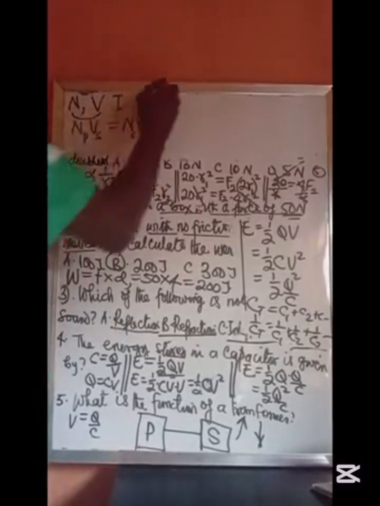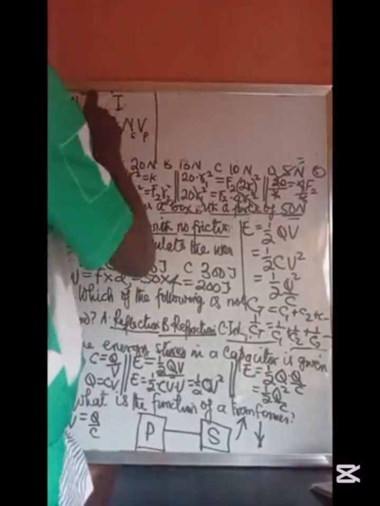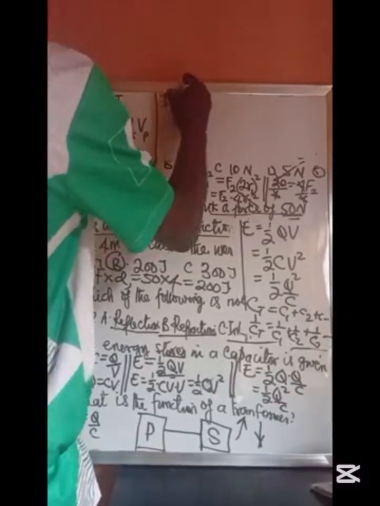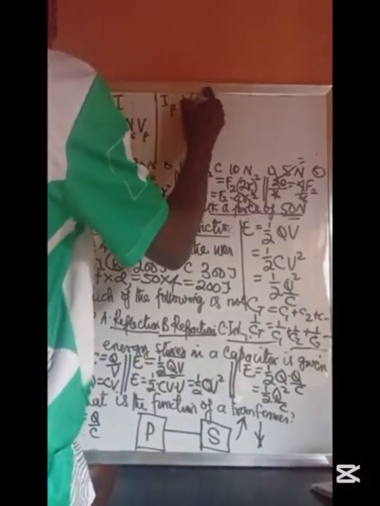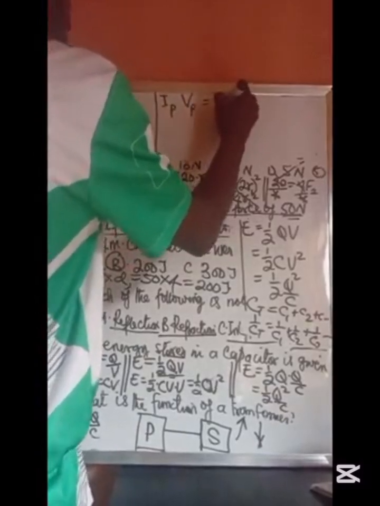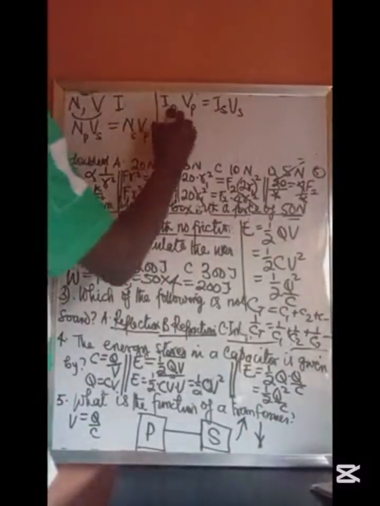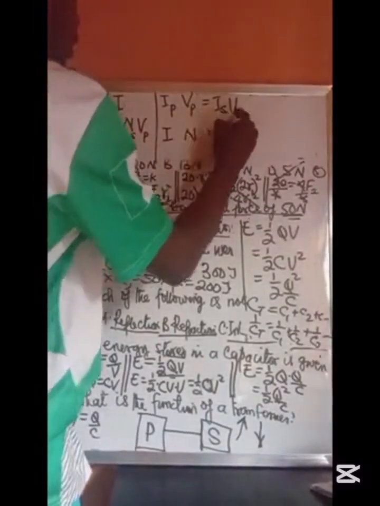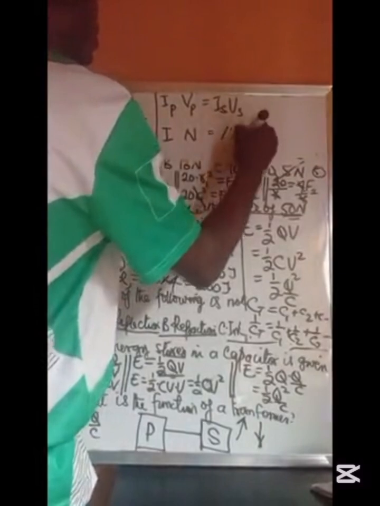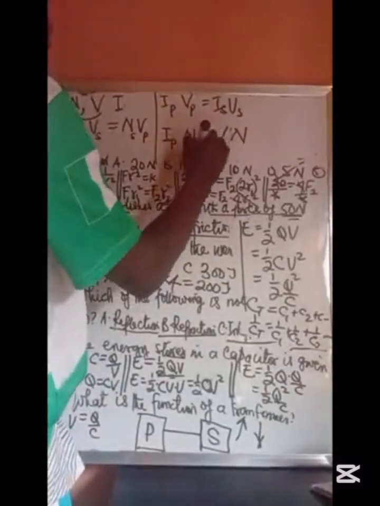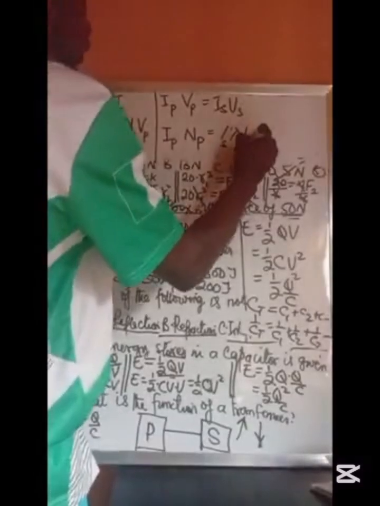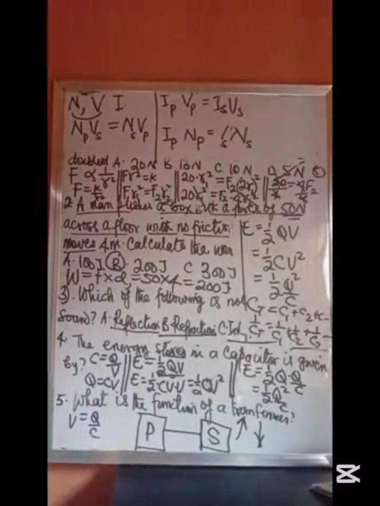That is for N and V. But if you are solving between I and V, primary, primary, secondary, secondary. And if you are solving between I and N, the same way. Primary, primary, secondary, secondary. If you are able to remember this, we don't have any issue with transformers.